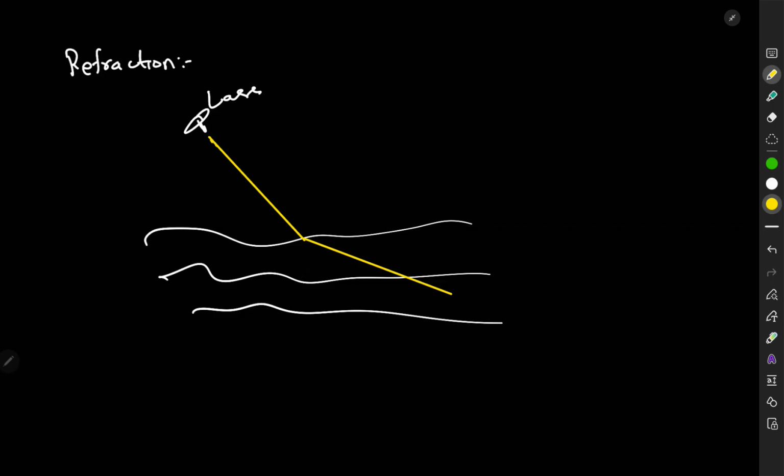Sorry, not like this, something like this, fine. So this will be the normal, fine. So which case will you take? It will bend like this or this? Of course it will bend like this. Okay, when it goes from rarer to denser, it bends towards the normal.